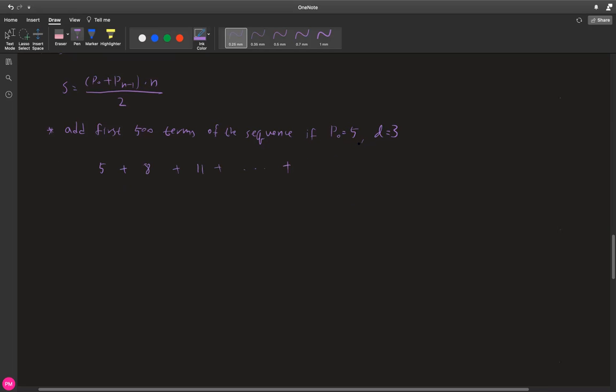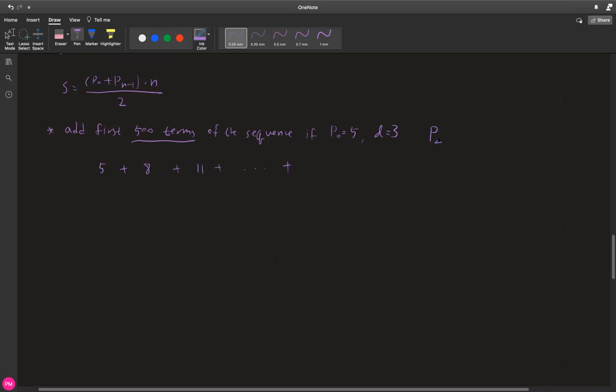But how do you know the last term? Because we're only adding 500 terms, so it's got to end somewhere. But how do you know where it ends? It's actually quite simple, because now that we know the arithmetic sequence and the linear growth model, we can simply find the 500th term.